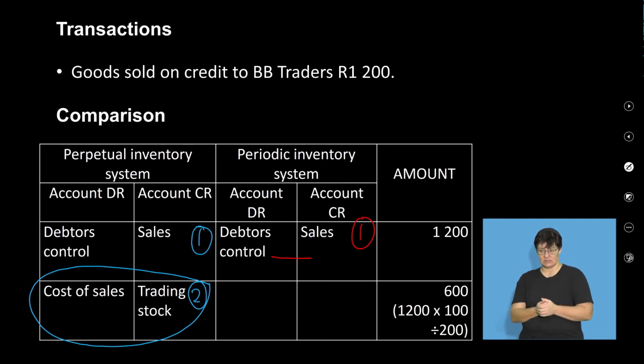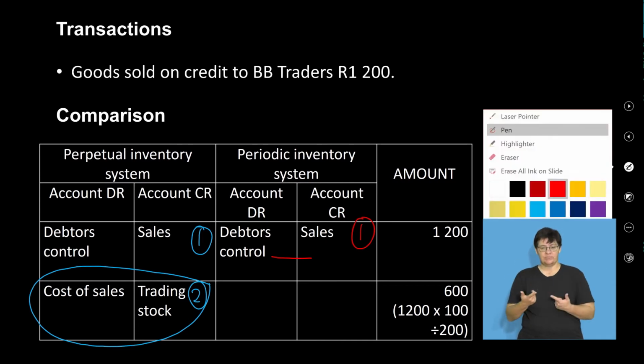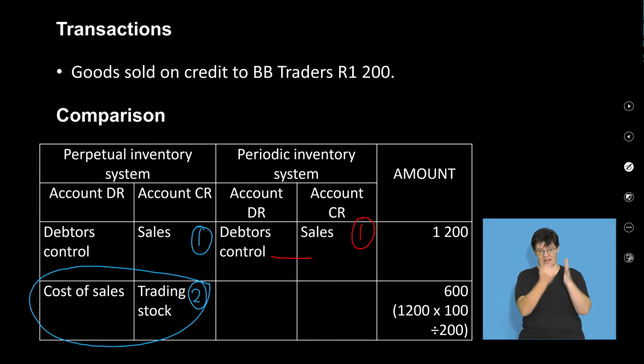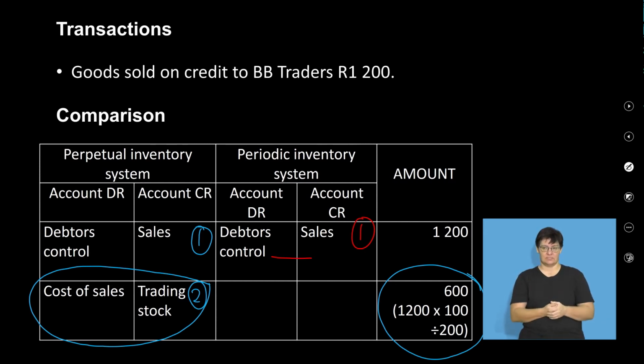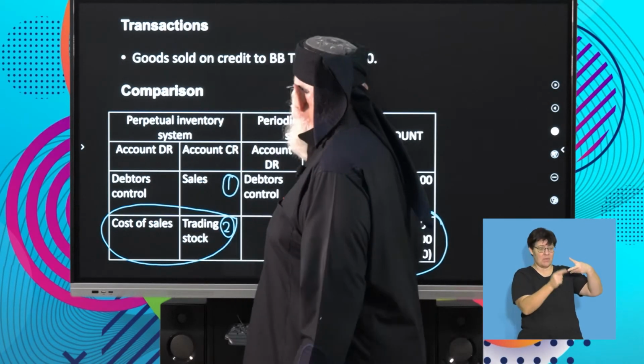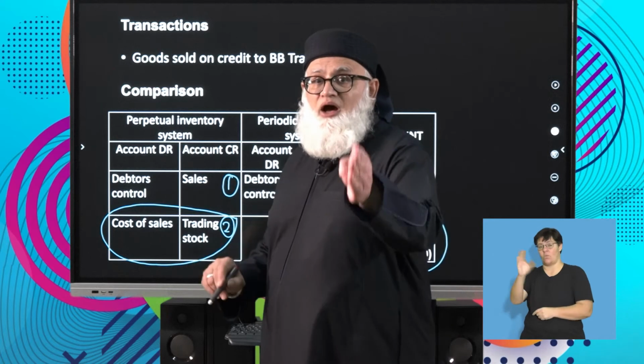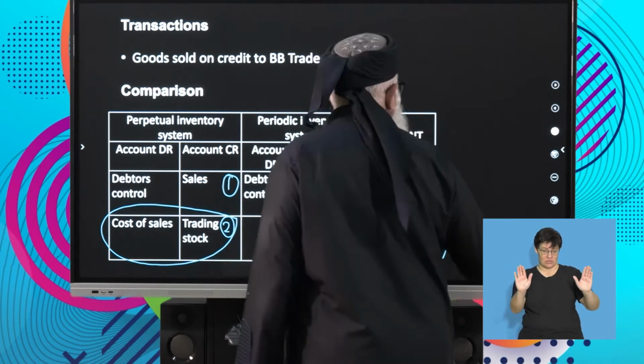Obviously, this calculation here dealt with the cost of sales calculation, using the markup that was given to us. There's my calculation of my cost of sales. But what I needed to highlight here for you was the fact that in the perpetual inventory system, when we sell goods, there are two entries, whereas periodic has one entry only, the selling price. Okay.